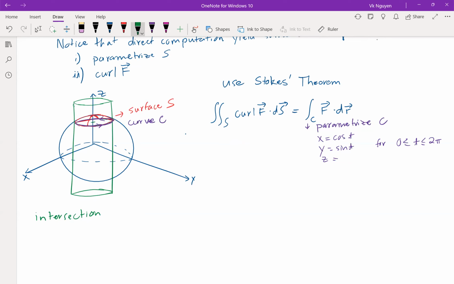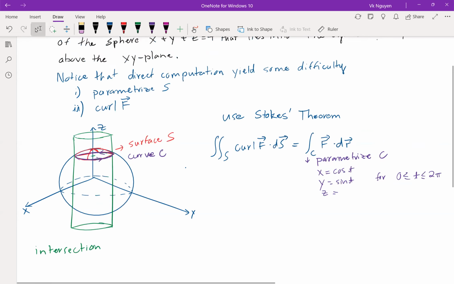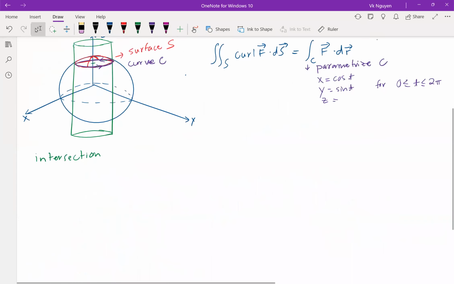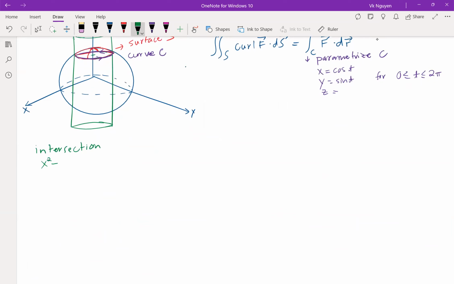For z, figure out the intersection. The sphere is x squared plus y squared plus z squared equals 4.